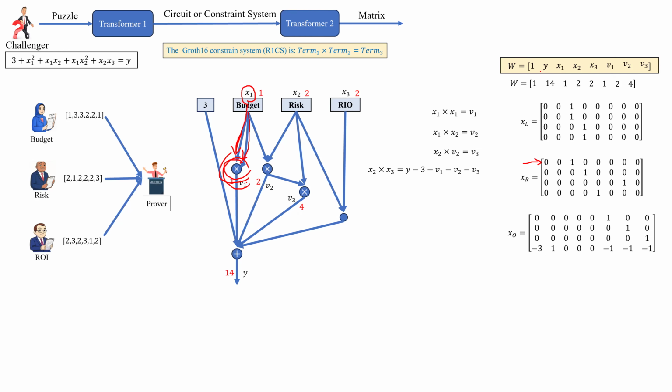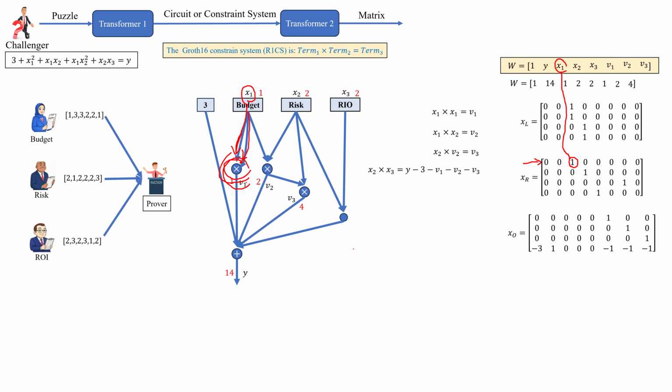So that's the reason we replace the position of X1 here by 1, because the right input of gate 1 is also X1. And other values would be 0, because there is no other right input in gate 1, right?